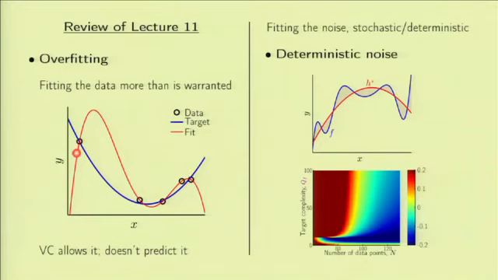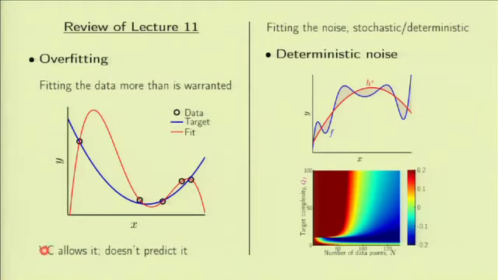Now, since the VC analysis doesn't tackle the target function, you might be curious about, are we changing the game? What is the deal here? So the idea is that the VC doesn't tackle the target, not in the sense that it doesn't know how to deal with it. What it does, it gets you a bound that is valid for all possible targets, noisy or noiseless. And therefore, it allows the notion of overfitting.